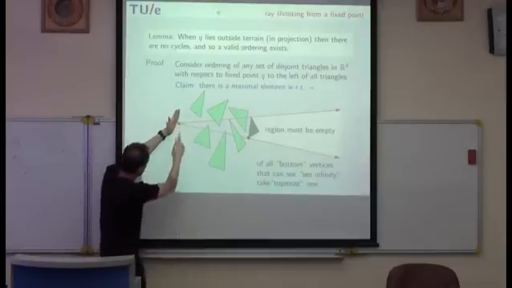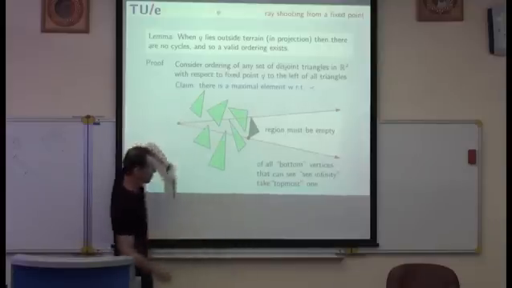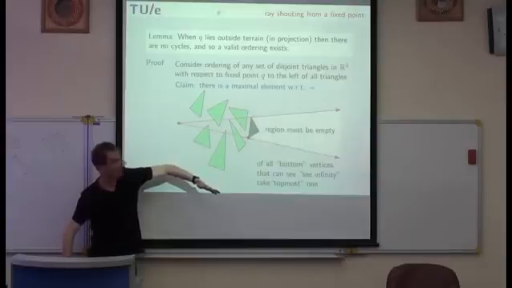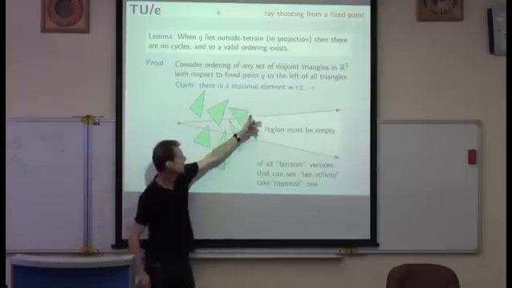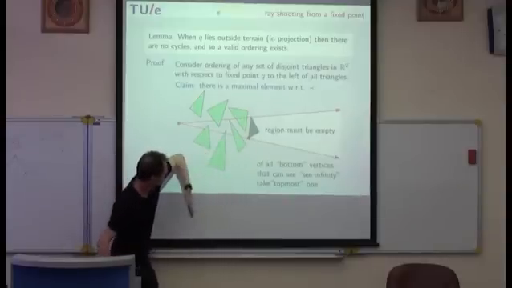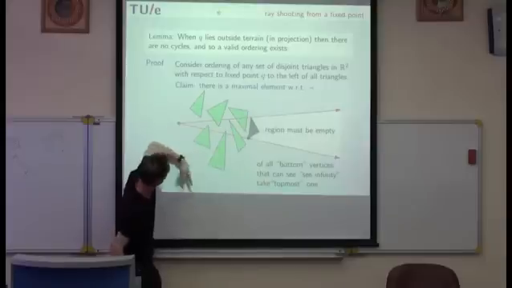I take a half line and rotate it, and I take the first vertex that I hit. That is what I call the bottom vertex. And the last one would be the top vertex. But I look at all these bottom vertices. So this is a bottom vertex, this is a bottom vertex, this one, this one, this one, and so on.